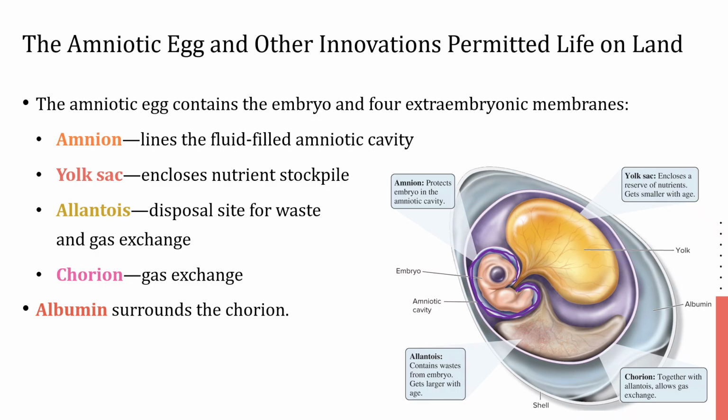So this is the yellow part of our chicken eggs if you eat eggs for breakfast. And this is going to be where all of the nutrients are for this organism. So these are going to be the carbohydrates, fats, and proteins that this embryo needs to sustain itself and develop until it's large enough to hatch.